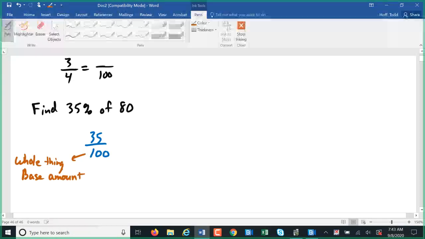The base amount would be one whole object, or the initial amount, where we started from. It's the amount that all the other percents in the problem would be calculated off of as a piece of that. The 35 then is the portion of interest.